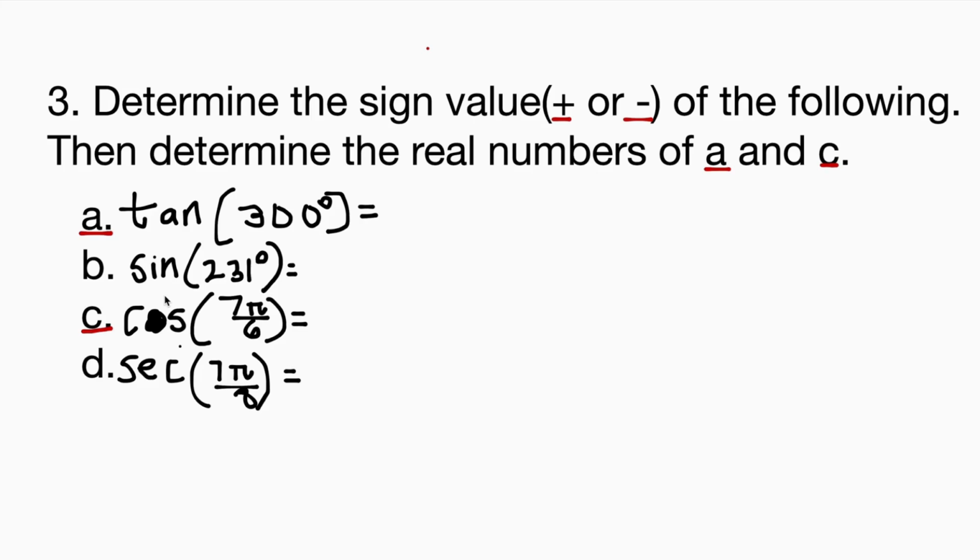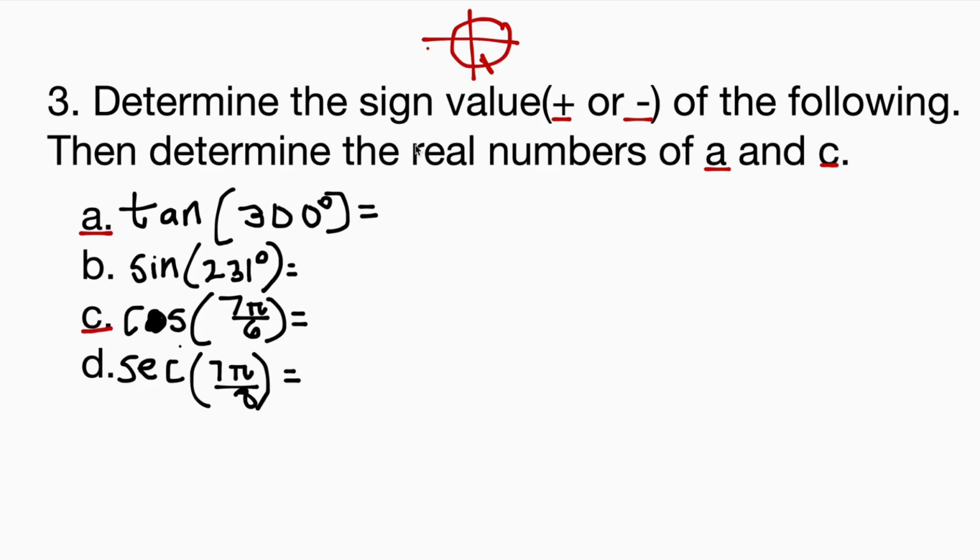So, tangent of 300. If we were to look at the unit circle, 300 degrees would be right here. That means it's in quadrant 4. If it is in quadrant 4, what would be the value of the tangent?